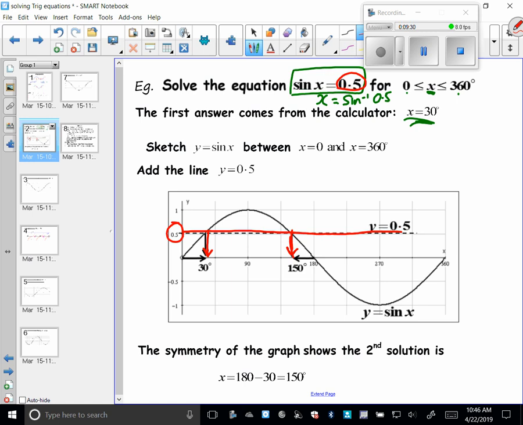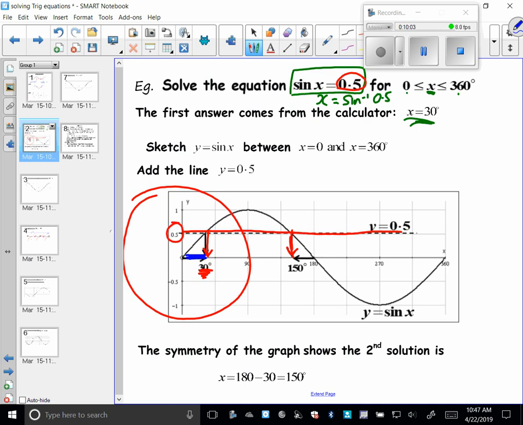Now, our calculator will always give you the answer closest to the y-axis. I've done that on purpose because sometimes they will give you a negative value. So this is the one that we've already got. This portion here represents 30 degrees. Do we remember that our sine graph is symmetrical?